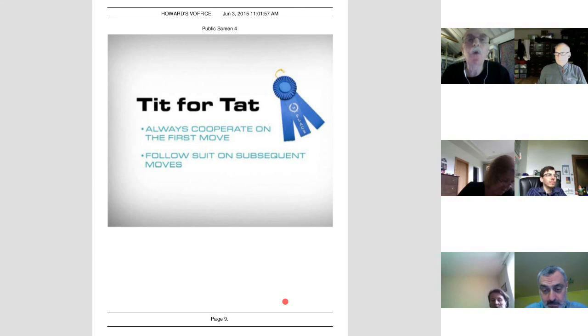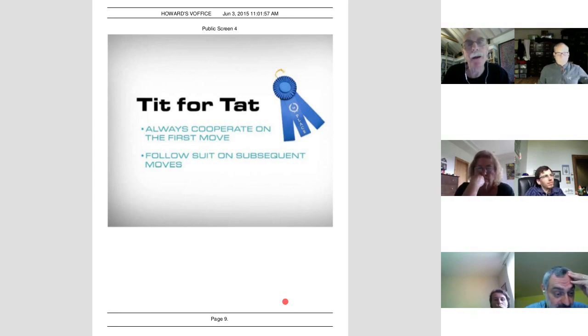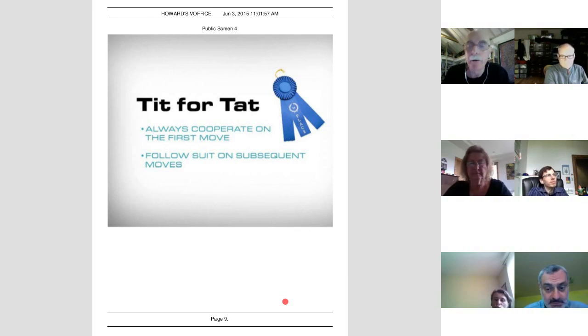There's one that relates to evolutionary theory, which is called win, stay, lose, shift. So if on the first move your partner cooperates, you stay and cooperate again. If on the first move your partner defects, you go find another partner.